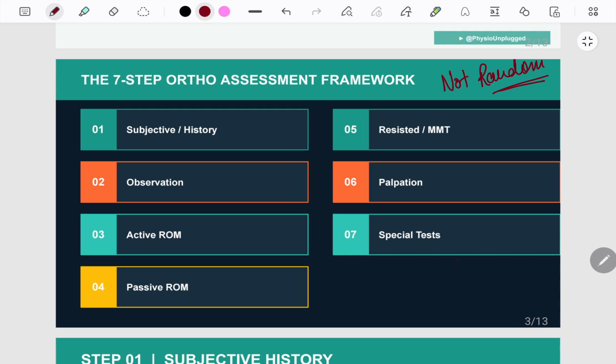Because we want our patient to be protected. Protected means that I want to acquire the maximum information on my patient before I stress the structures of his body. You will get to know about it as we proceed further. This was just the framework of how we are going to move.